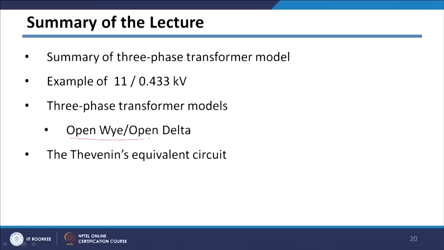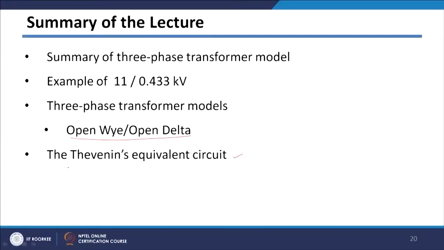Finally we have seen what are called open Y and open delta connections, and I told you the applications of this particular connection where we save one single phase transformer, and we again derived the ABCD parameters for these configurations. And finally we have seen how we can get the Thevenin's equivalent circuit if there are transformers in your circuit, and if you want to get it till your point of interest where you want to calculate the short circuit current.